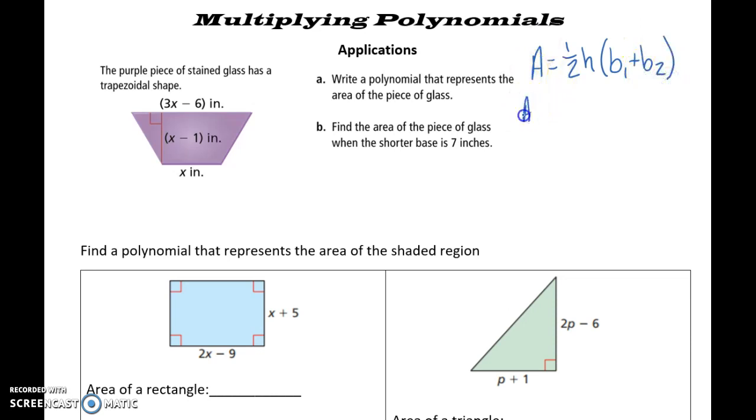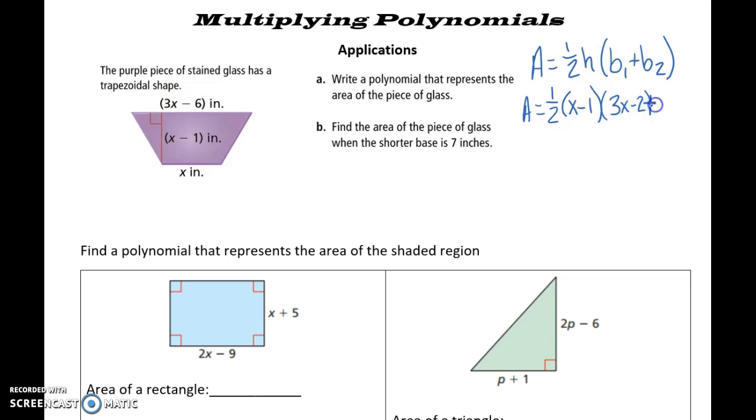So we're going to fill all that in. We've got 1/2. The height over here is this x minus 1. And then the base 1 plus the base 2 are going to be the top and the bottom. So this is a 3x minus 2.